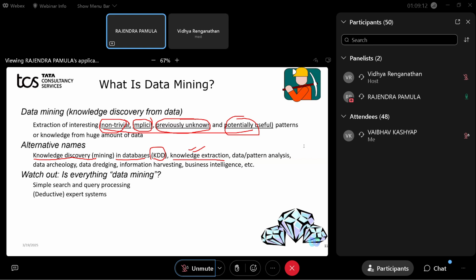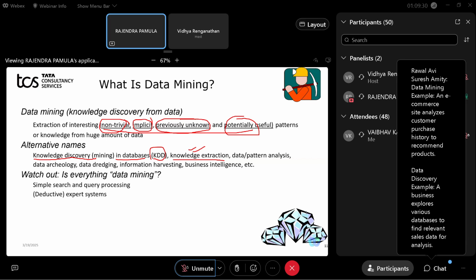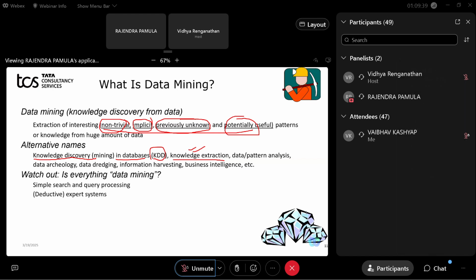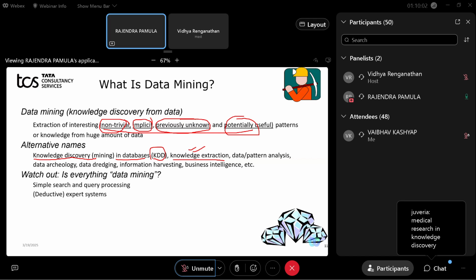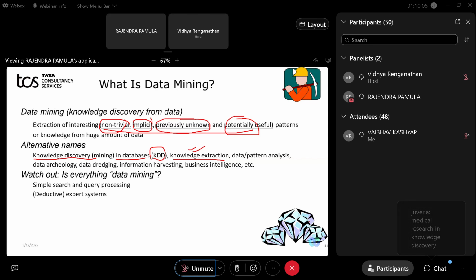Can you give me an example of knowledge discovery and an example of knowledge extraction?